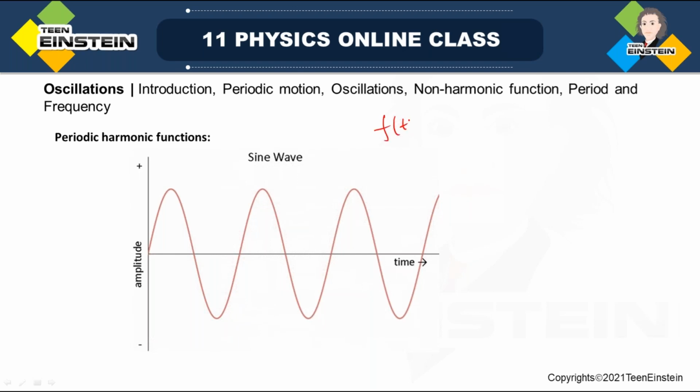Suppose f of t is equal to sine 2 pi t by capital T.